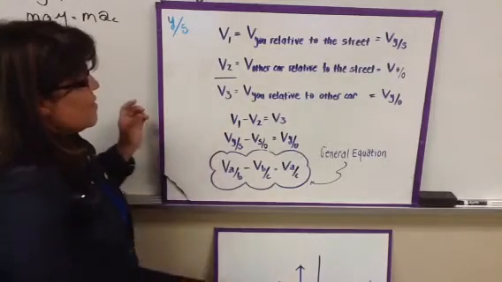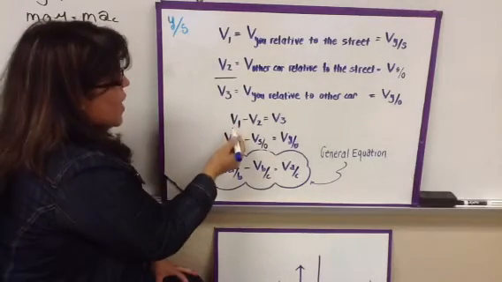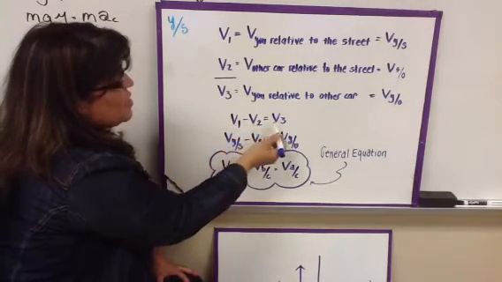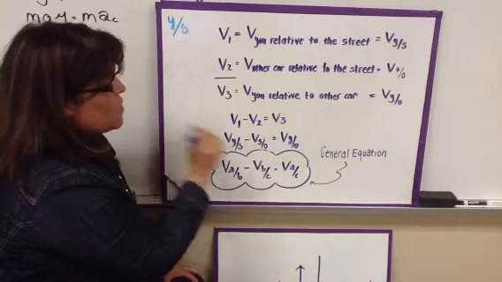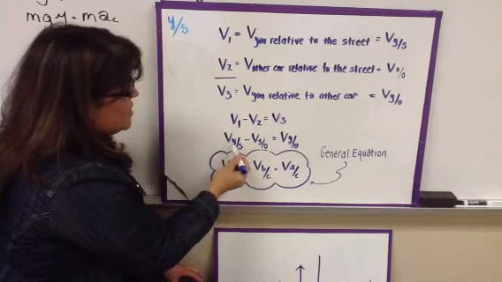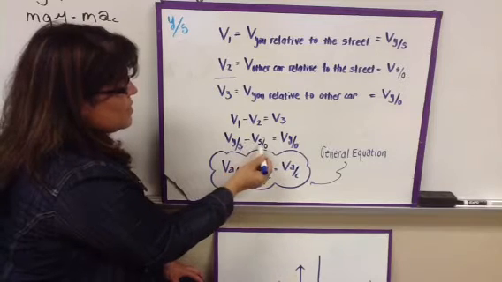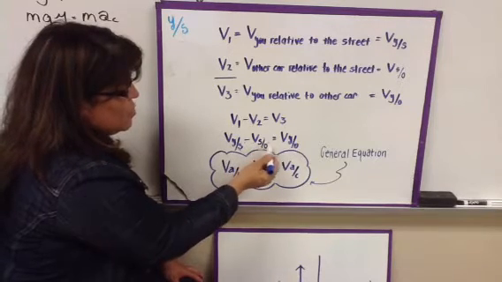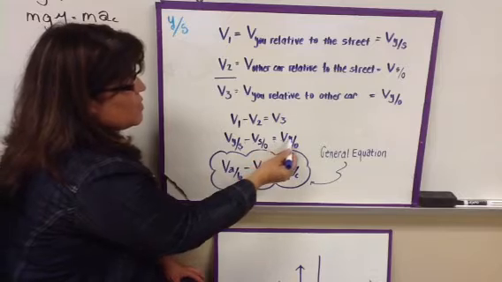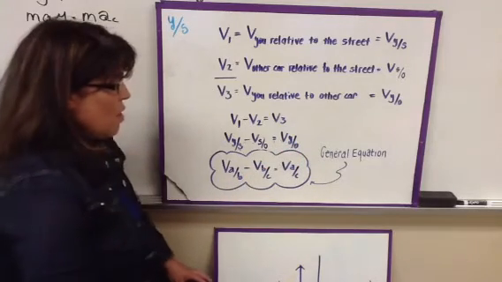The key here is that when we subtract the two, v1 minus v2 is going to equal v3. So we have velocity of you with respect to the street minus the velocity of the other car with respect to the street is going to equal velocity of you with respect to the other car.